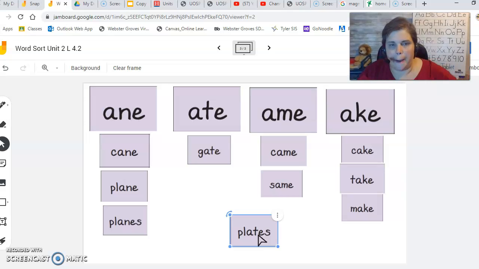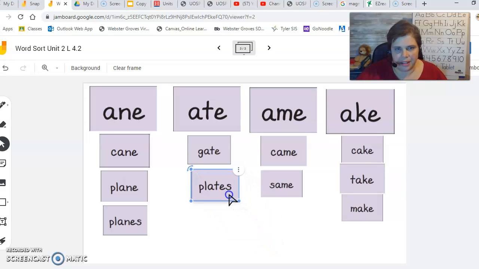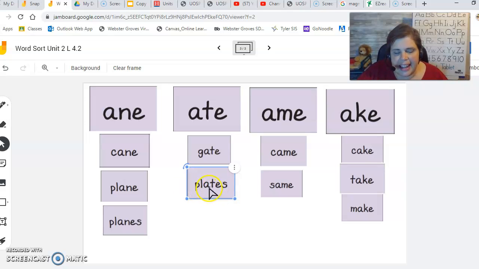This is the word plates. I think this is one of the trickier ones, guys, because none of these have an S on the end. Did you say that it goes with gate? You are right. It still has that A-T-E part in the word, just like gate.